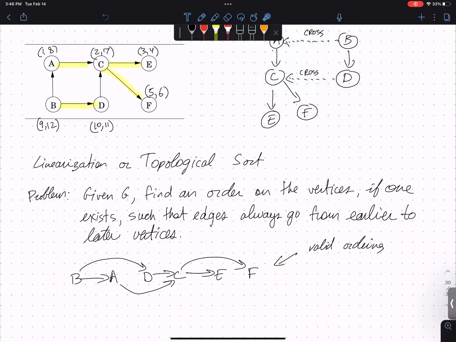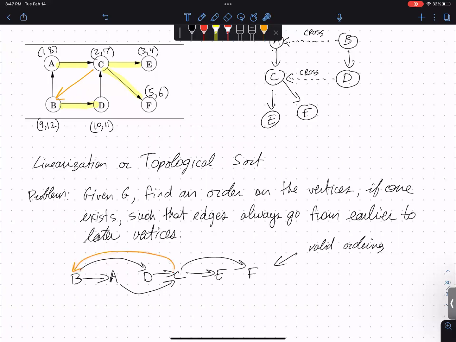What if there was a cycle? So what if here there was an edge from, let's say, C to B, then this particular ordering wouldn't be valid anymore because you'd have this edge going from right to left.